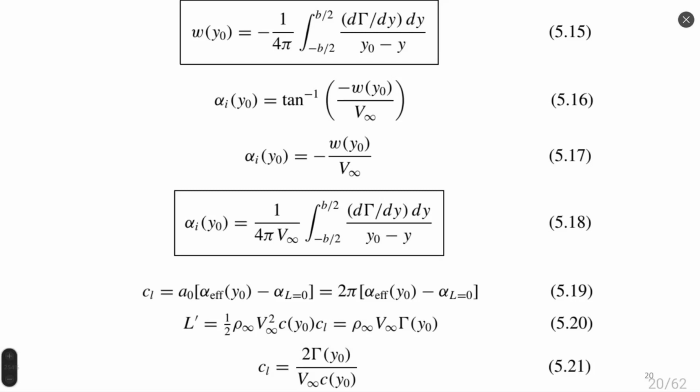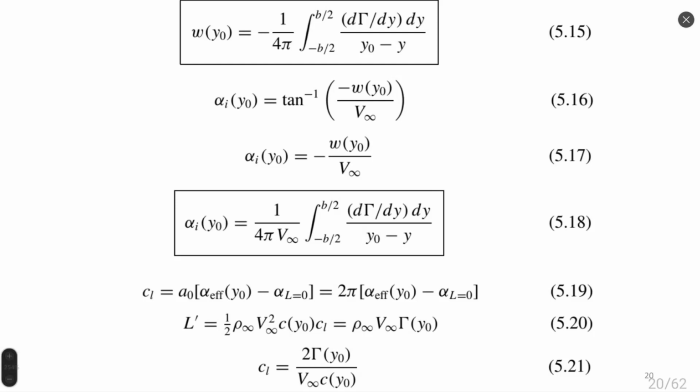First of all, we will write that equation 15 is the same from the previous slide. We will introduce a relation between downwash velocity and infinite velocity as induced angle of attack. Arctangent of the velocity ratio is equal to the induced angle of attack.